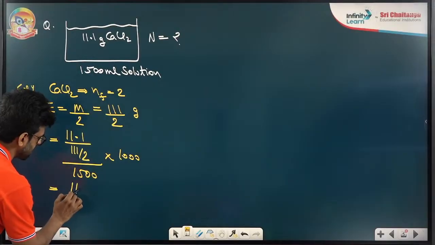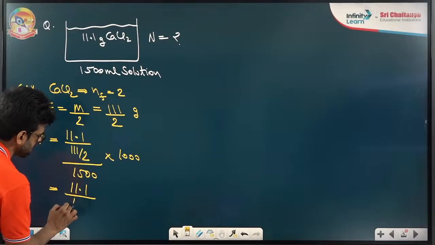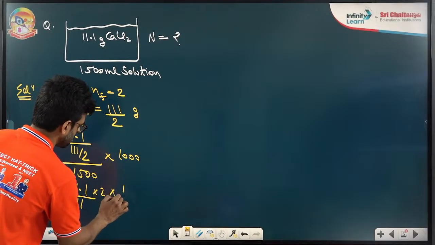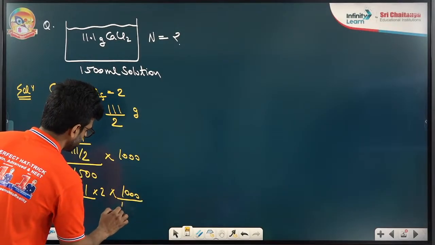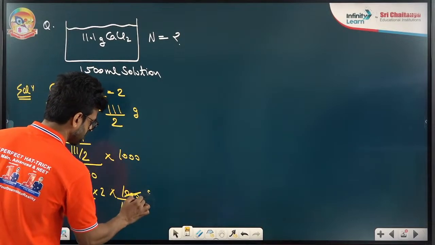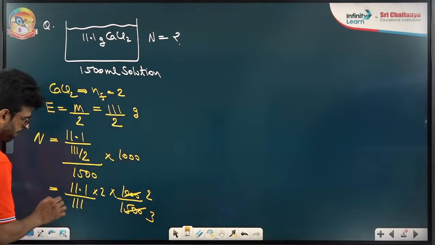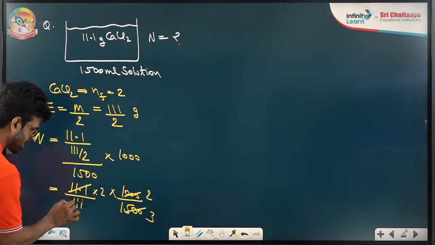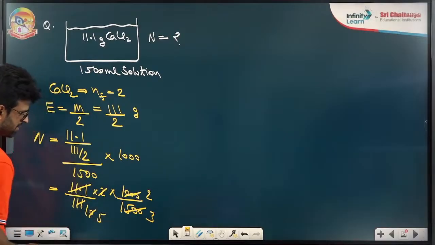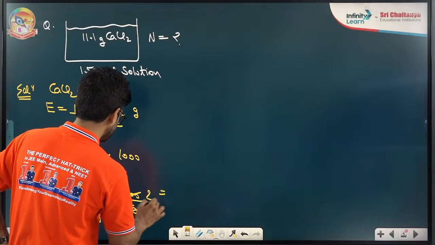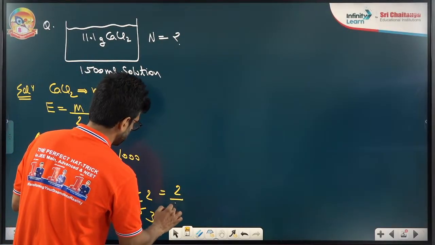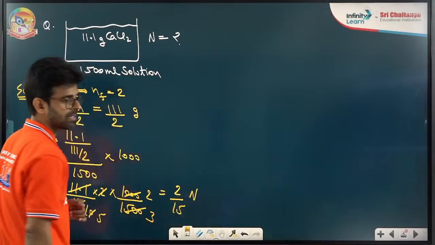If I write it properly, 11.1 here, 111 into 2 will go upside. Here we have 1000 and here we have 1500, right? If you cut it down, 2 is coming here, 3 here. Cutting this, 10 is coming. Cutting here, 5. So finally 2 by 15 normal.